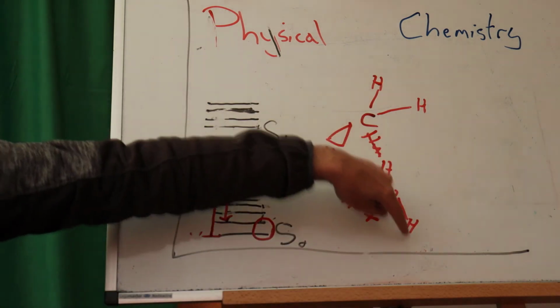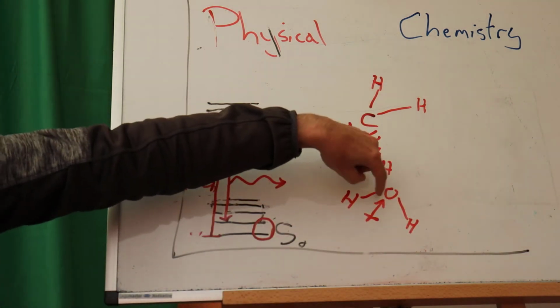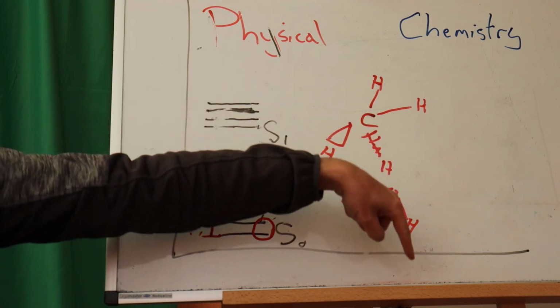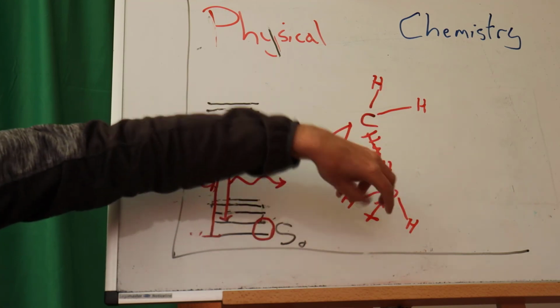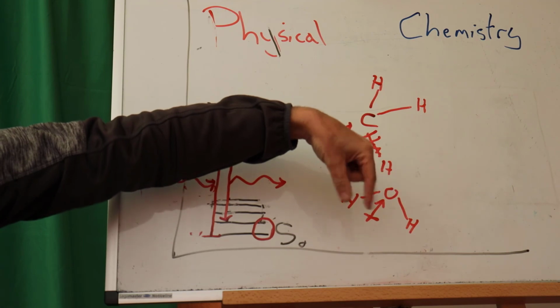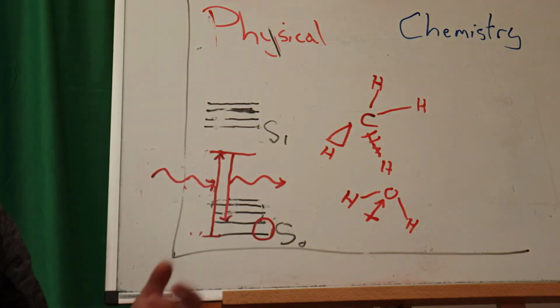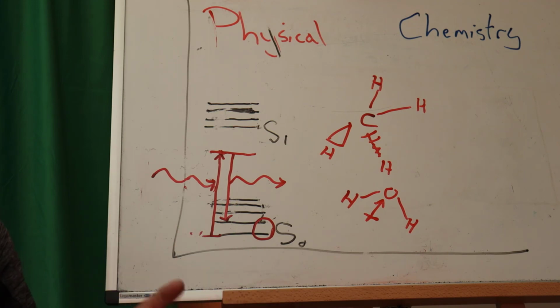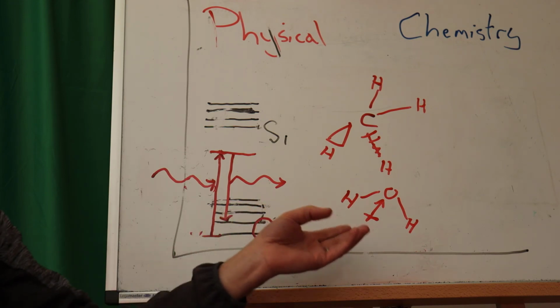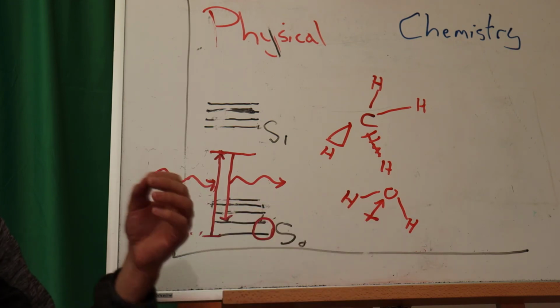So if we have our hydrogen going out and in, if we have both of our hydrogens going out and in, and even if we have scissoring, bending movements, they are all infrared active. We get a lot of bands, and it's very, very, very intense, meaning that if we try to measure infrared in water, we tend to not measure anything. Most of the light gets absorbed by the water.